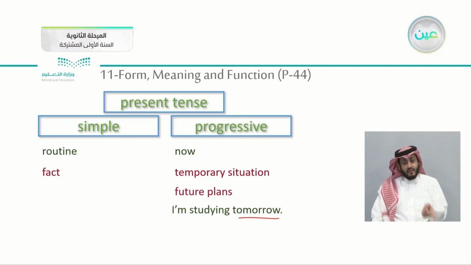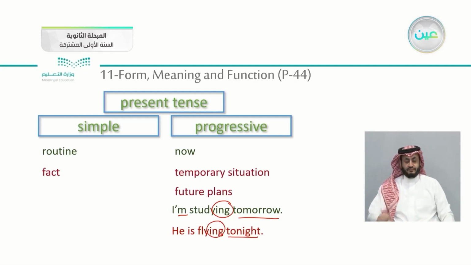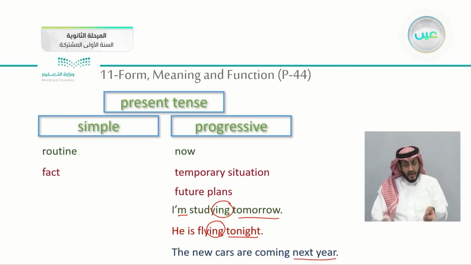So future plan, I am studying. Or, he is flying tonight, not now, tonight, maybe 3 hours later. Future, -ing. And we can use it, the new cars are coming next year. Next year here, future and are coming.